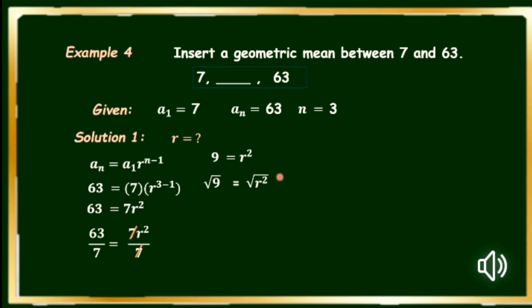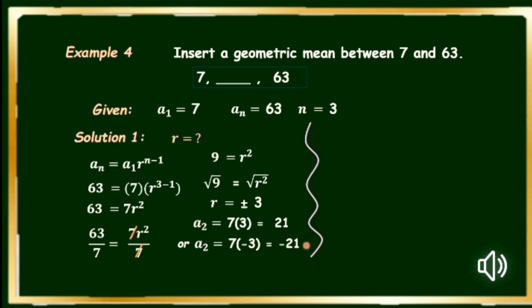Square root of 9 equals square root of r squared. And square root of 9 is positive or negative 3. So r is equal to positive or negative 3. So to find the second term, we multiply 7 by positive 3, we get 21. Or if the common ratio is negative, then the second term can also be equal to 7 times negative 3 equals negative 21. So the two answers are 21 or negative 21.